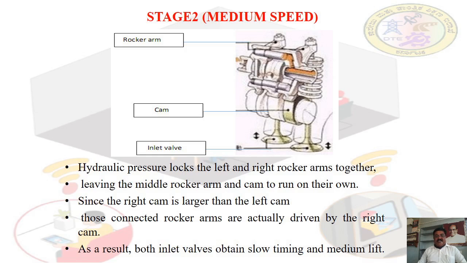Since the right cam is larger than the left cam, as shown in the figure, and both are connected, the rocker arms are actually driven by the right side cam. As a result, both inlet valves obtain slow timing and medium lift.